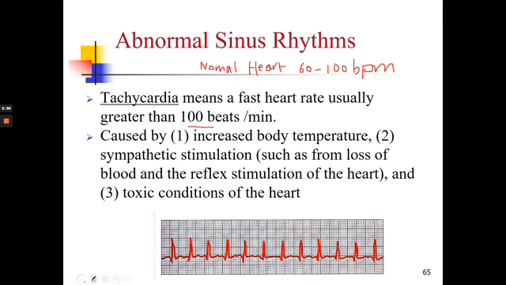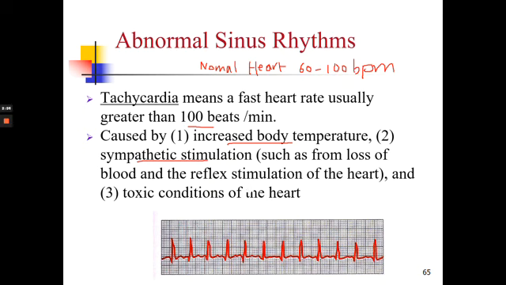Caused by what? Caused by increased body temperature, because body temperature increases the permeability of ions. Sympathetic stimulation: you remember sympathetic stimulation causes a positive chronotropic effect and also a positive inotropic effect. Chrono is heart rate, and ino is contractility.